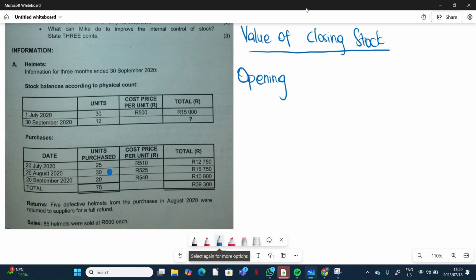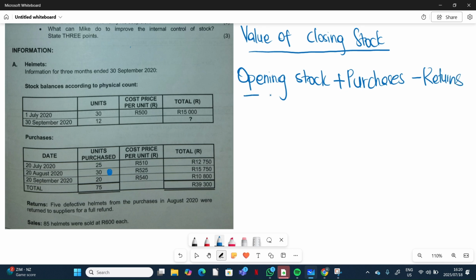So we have the opening stock, then we add our purchases. You always add your purchases, then you subtract the returns. But remember, with the weighted average, we're dealing with an average. So we need to divide by also what?